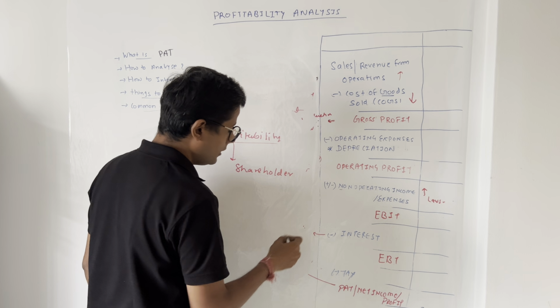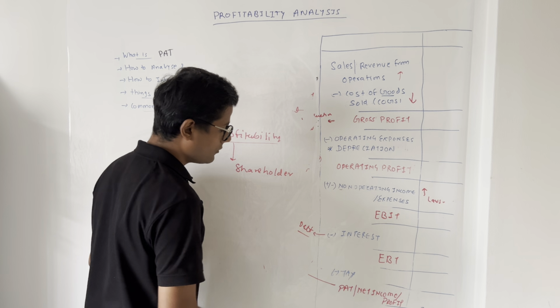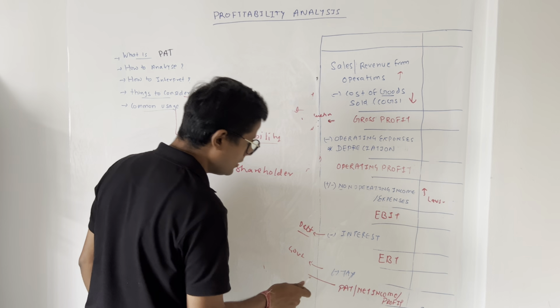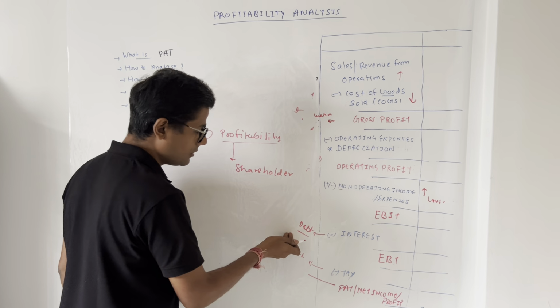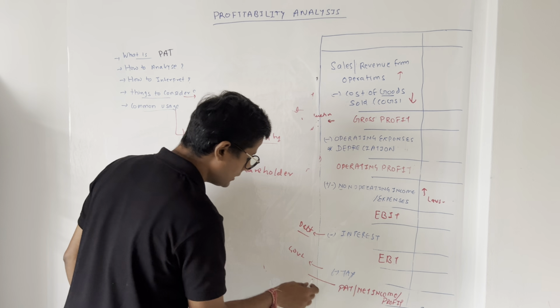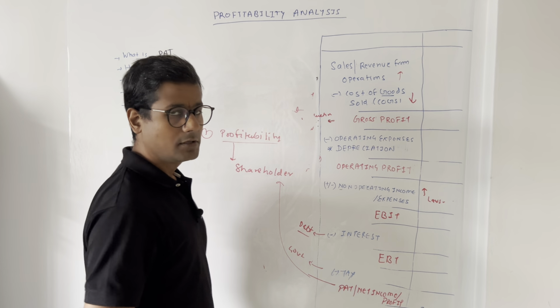That interest has gone to our debt holders, the people or banks who have provided the loan. Now the tax went to the government, right? So even if you had a profit, you gave it to debenture holders, debt holders, then you gave something to the government, then whatever is left, that is left for the shareholder. That's why it is very important for the shareholder.